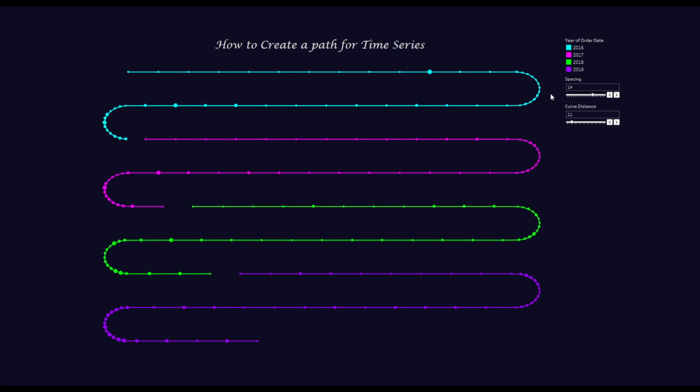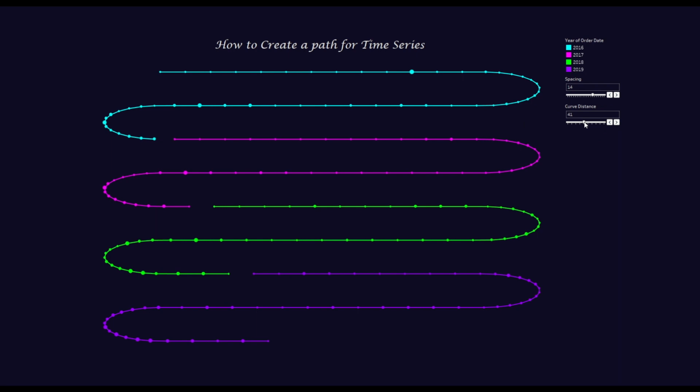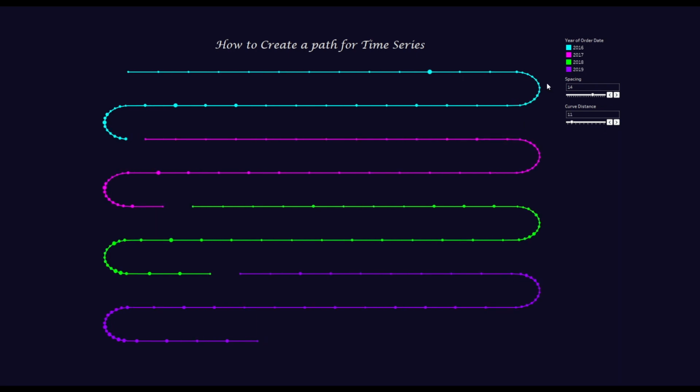Curve distance is just the distance of these curves. If you increase the curve distance, you can see how the path changes. If you reduce it, the path forms a less curved shape. These are all dynamic parameters which you can adjust according to the need.